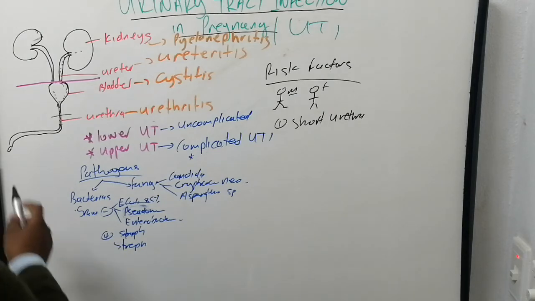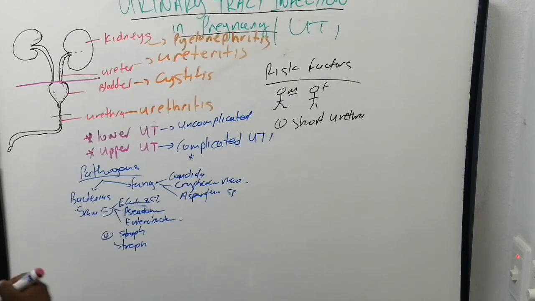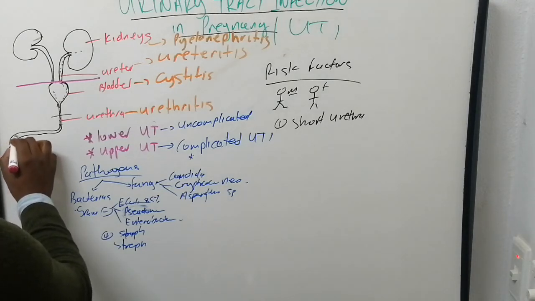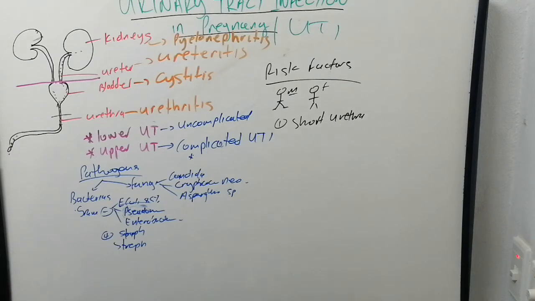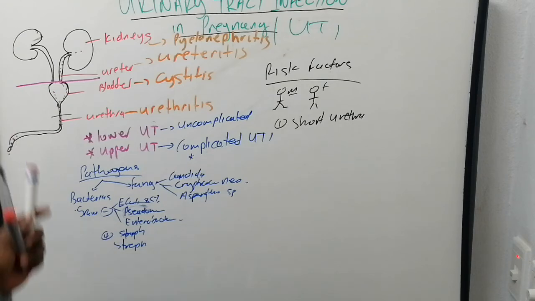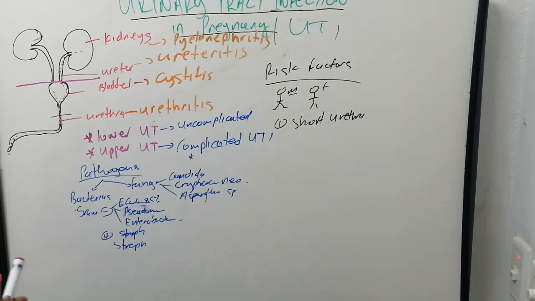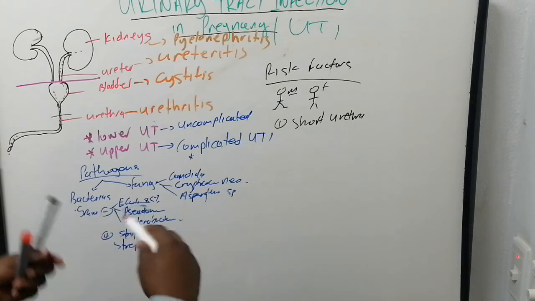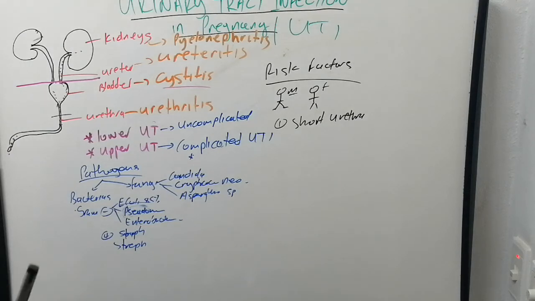Even if bacteria start to enter the male urethra, it's going to take them very long to get to the bladder and cause cystitis, right? And like I said, the most common type of UTI is cystitis. So bacteria get to the bladder very quickly in females compared to males. That's the first reason, right?